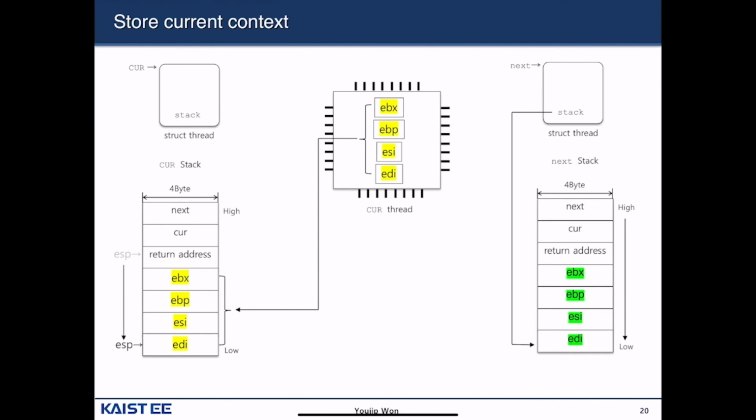After jumping into switch thread, it stores the 4 CPU registers to the kernel stack of the current thread. After pushing the EBX, EBP, ESI, and EDI registers, the stack pointer moves to the new stack top.